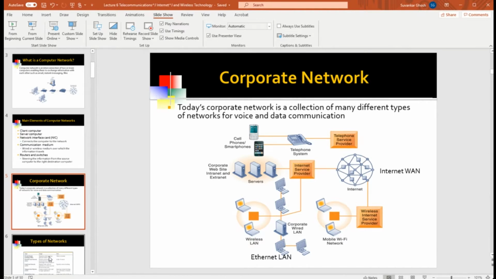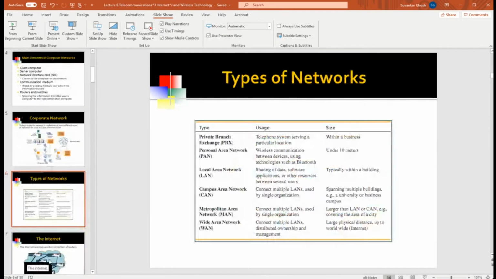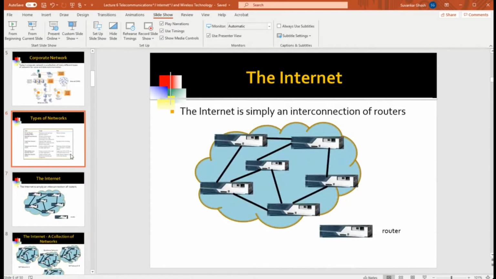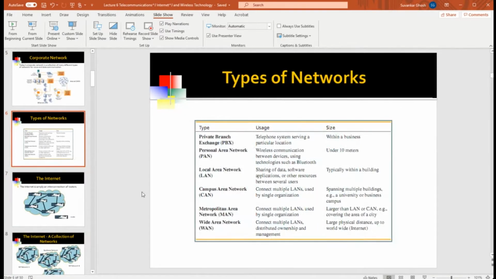So at the top level, we have the distinction between the data network and the voice network. Then when you look at the data network, there is another distinction. There are essentially two categories. There's the local area network, and there's the wide area network. There used to be a time when people talked about metropolitan area networks, but people don't talk too much about that these days. So everything outside of the building is the wide area network, the internet. And what's inside the building is the local area network.